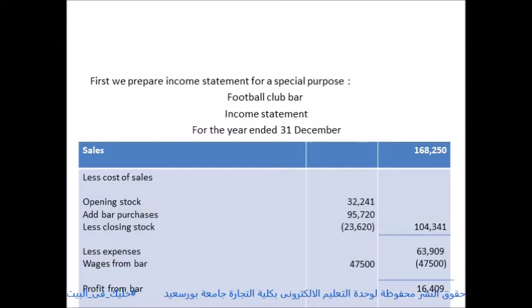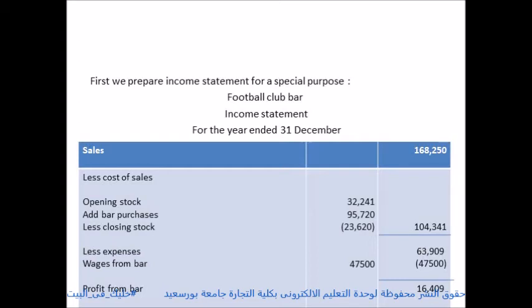So the cost of sales will be 104,341. Okay, so the sales minus cost of sales, 168,250 minus 104,341, will be equal to 63,909, minus the expenses, wages of bar 47,500.